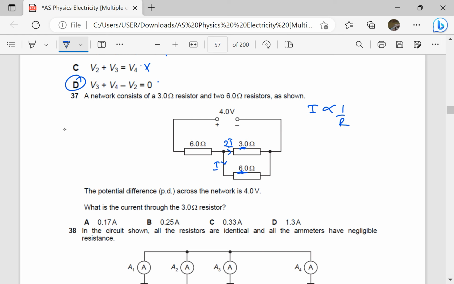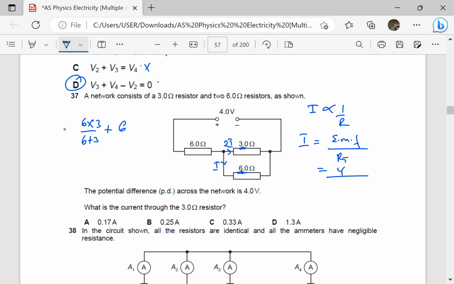Let's find the total current. Total current is going to be equal to the EMF divided by total resistance. So the EMF is 4, and the total resistance: these are in parallel, so we have 6 times 3 divided by 6 plus 3, then plus the one in series, which is 6.